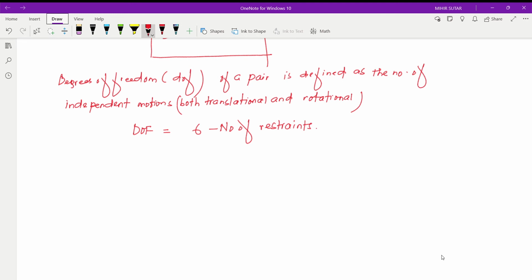Because if you are talking about a free body, free from all constraints or restraints, then its degrees of freedom is 6, but practically it is not possible. Then we minus the number of constraints we are imposing, and that will give us the available degrees of freedom of that system. That is why 6 minus the number of restraints.